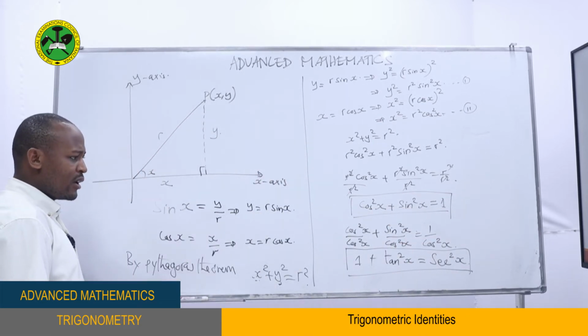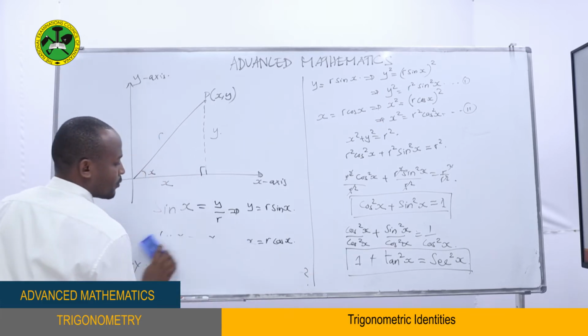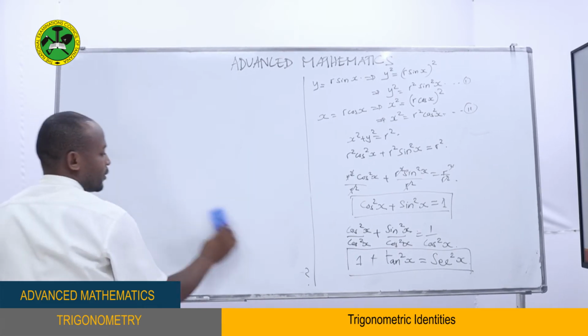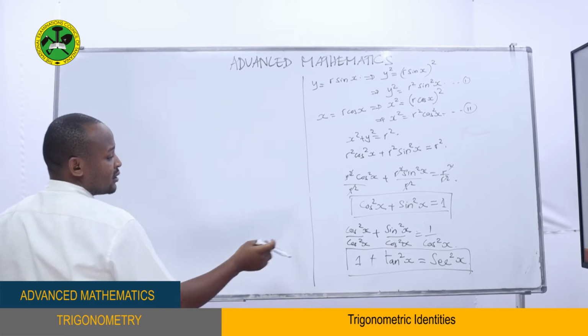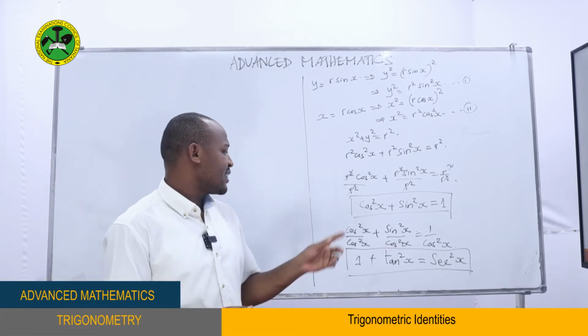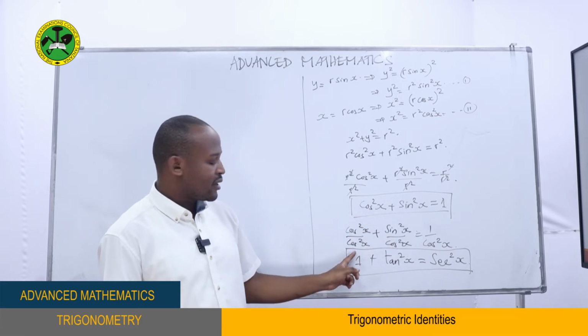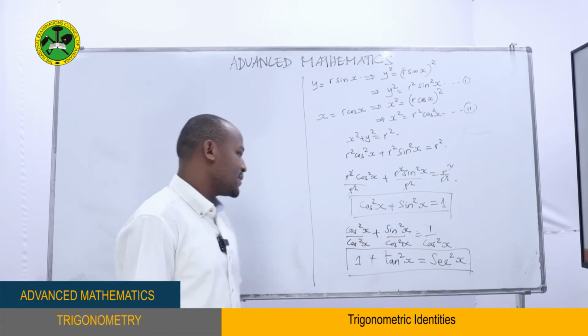Can we also go on? Okay, let's go on. So again, we can divide that Pythagorean identity as we derived by cos square. Can we divide by sine square throughout?